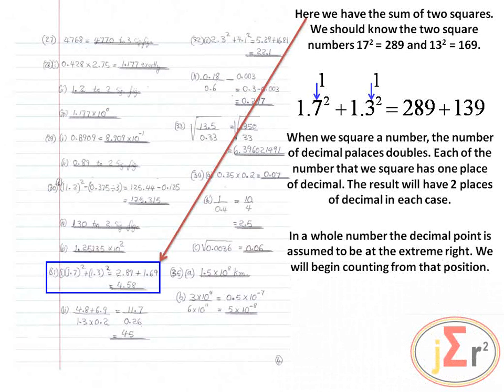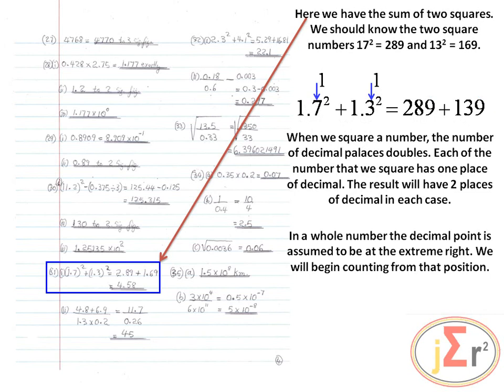In a whole number, the decimal point is assumed to be at the extreme right. We will begin counting from that position, the extreme right. And why do we need to count? Because we need to write these answers to these squares, doubling the number of decimal places in each case. So in each case we will now have two places of decimal.